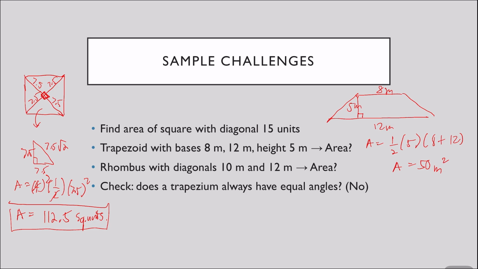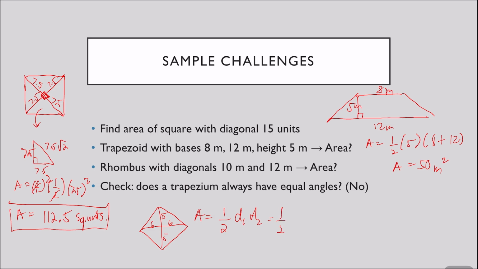Moving on with the next point. You have a rhombus with diagonals 10 and 12, and you were asked for the area. So when you have a rhombus, this is 12 and 10. Let's say this is 6, 6, this is 5, 5. Remember that the formula is 1/2 times diagonal 1 times diagonal 2.